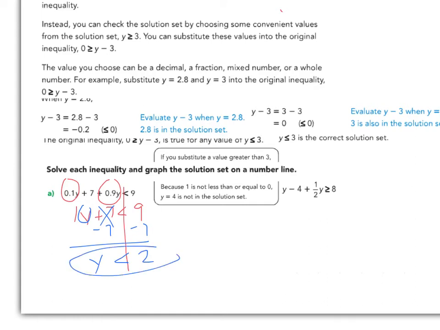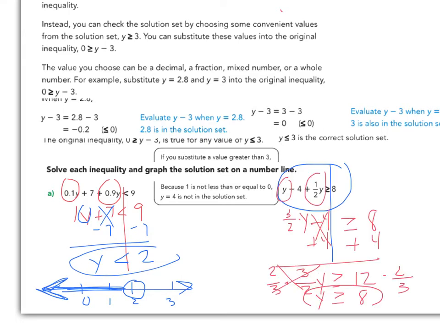Y is less than 2. And then they want us to graph that on a number line. 0, 1, 2, 3. Since it's less than, it's an open circle. 2 is not going to be an answer. And less than means left. So we shade to the left. That's the way that the point is pointing to the left. All right, so you're going to do this one right here, and then I will come back on, and we will go over it together.